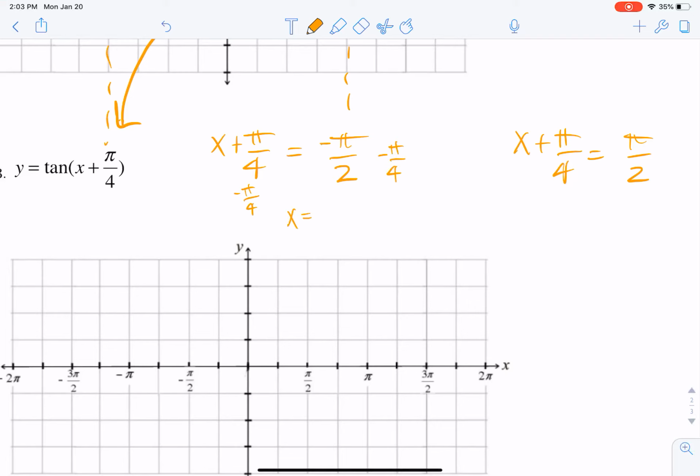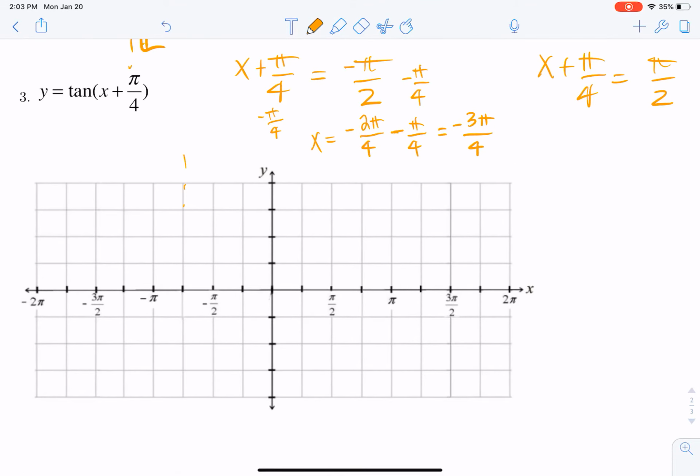So x is equal to, let's call this 2 pi over 4 minus pi over 4, making a common denominator. And so I'm going to end up getting -3 pi over 4. So -3 pi over 4 is going to be in between -pi over 2 and -pi.